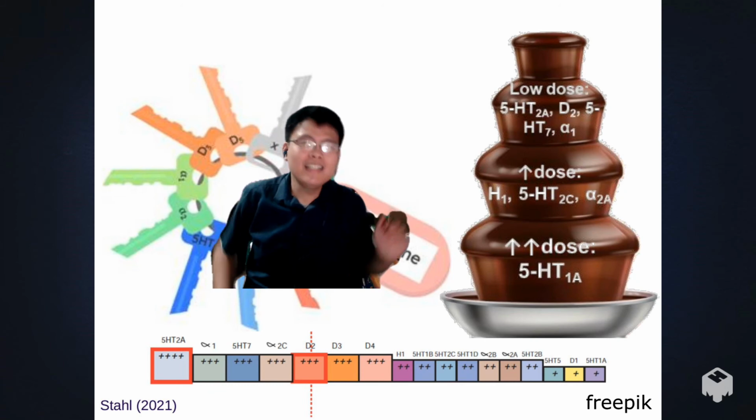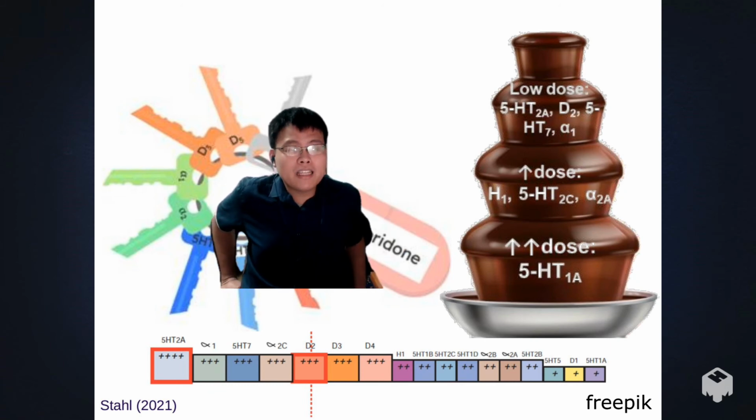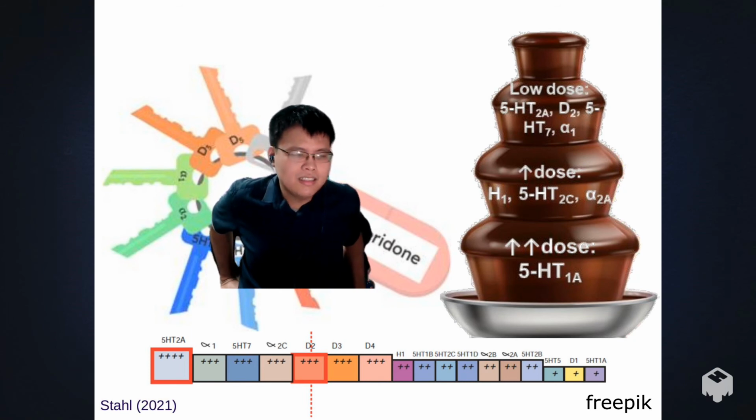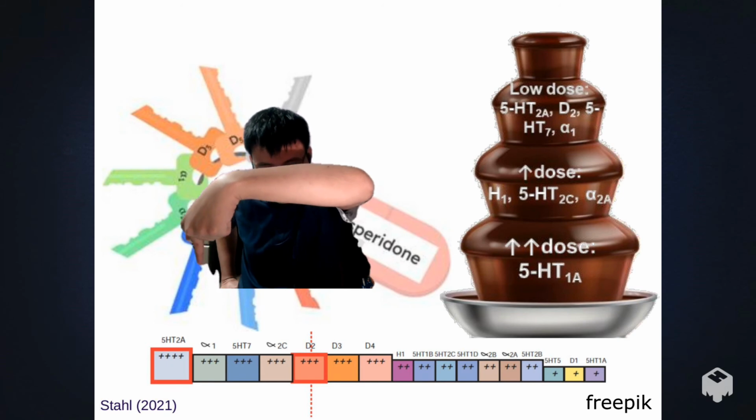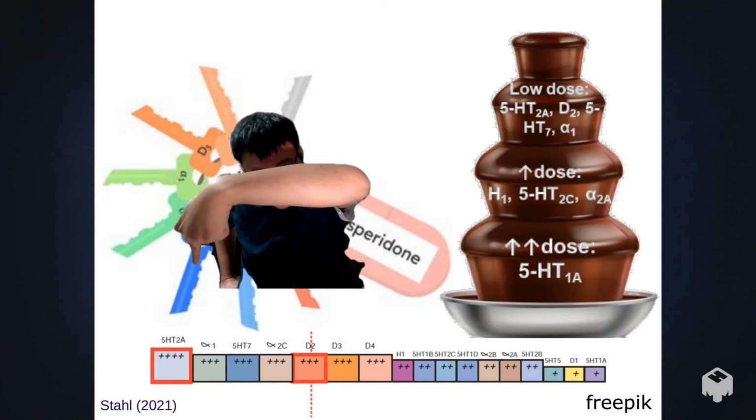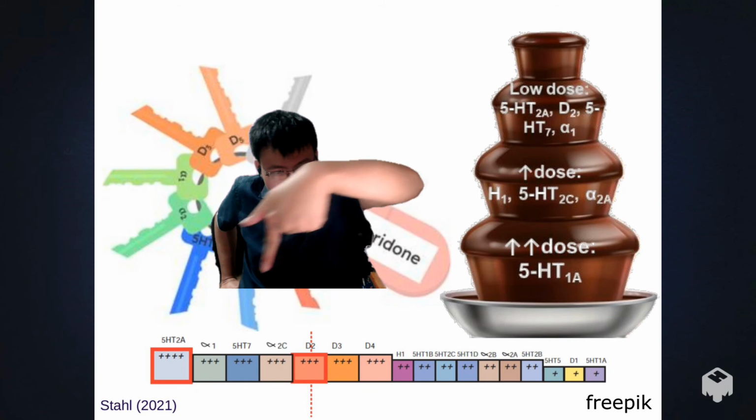This is why, in theory, it is possible that the 5-HT2A receptors are not fully blocked at therapeutic doses of risperidone. So much so that risperidone and its sibling paliperidone, or probably its child, you would say, have higher rates of EPS and hyperprolactinemia than other second generation so-called antipsychotics. Because, again, the distance between its affinity for 5-HT2A and D2 is pretty close.